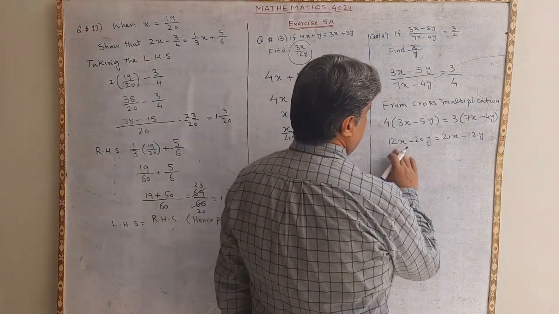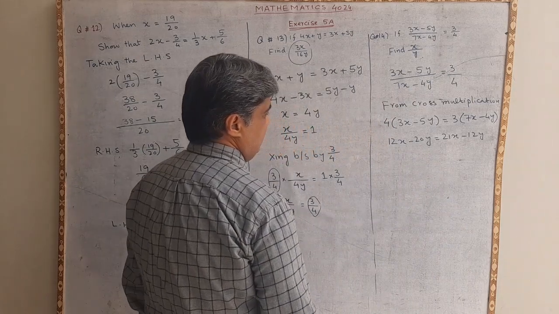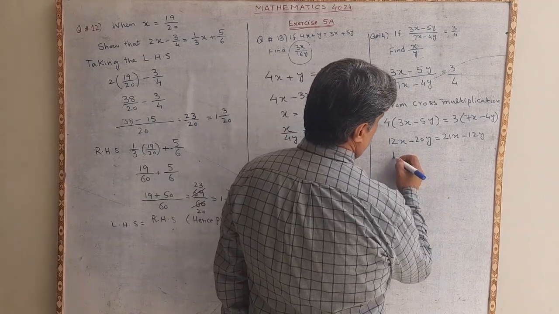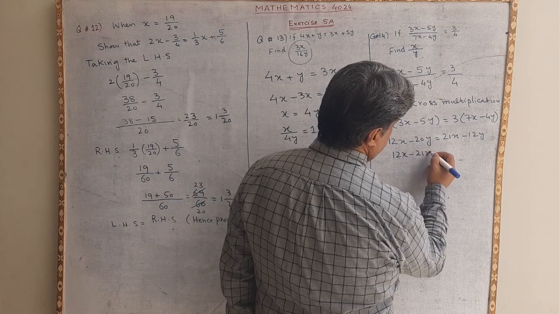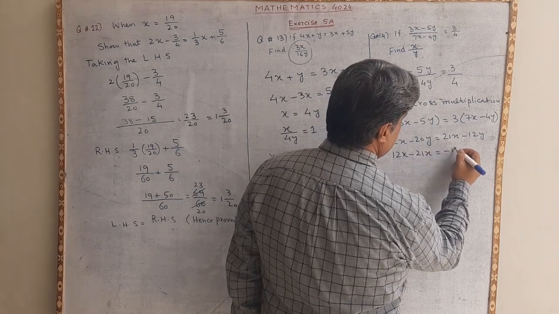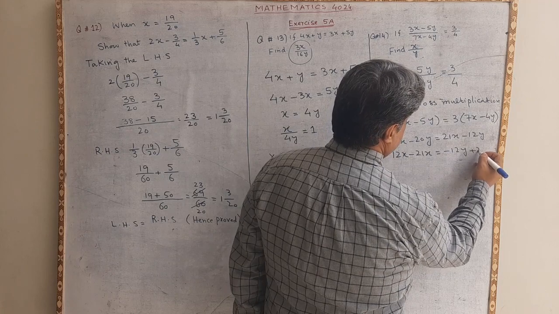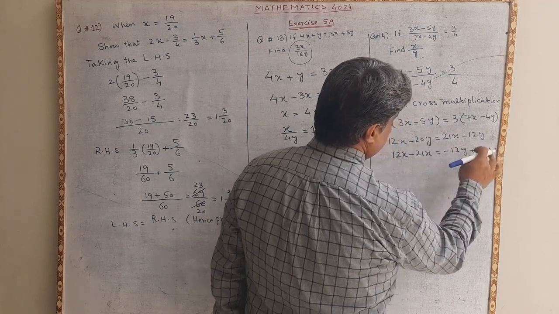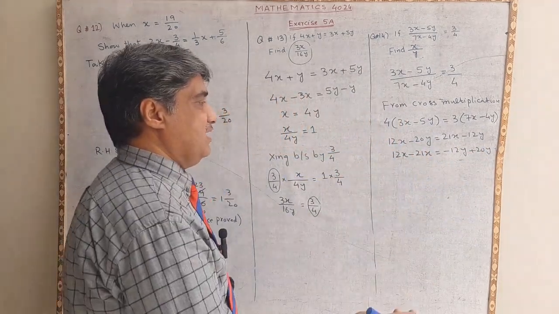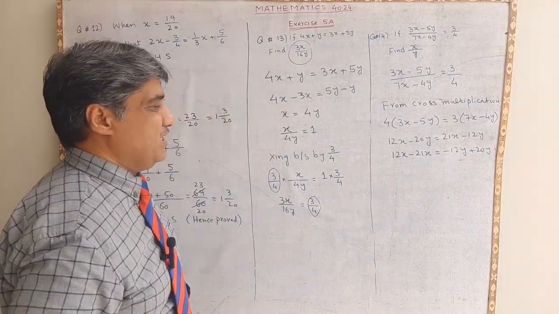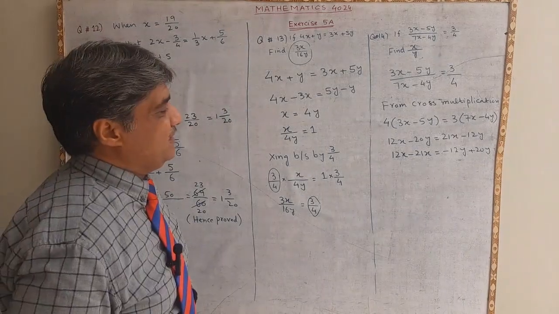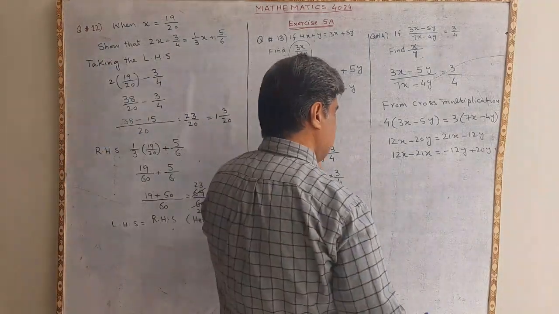Now 12x minus 20y. So 12x minus 21x and minus 12y plus 20y. I shifted this minus 20y to the other side and this 21x to this side, and you can see I wrote it with the change of the sign.